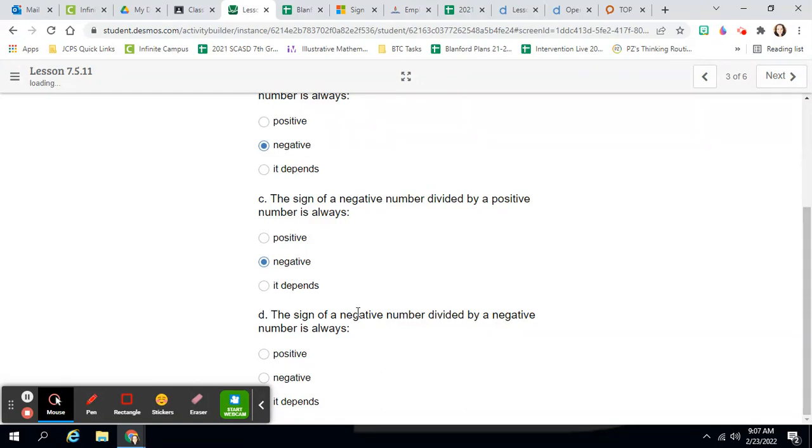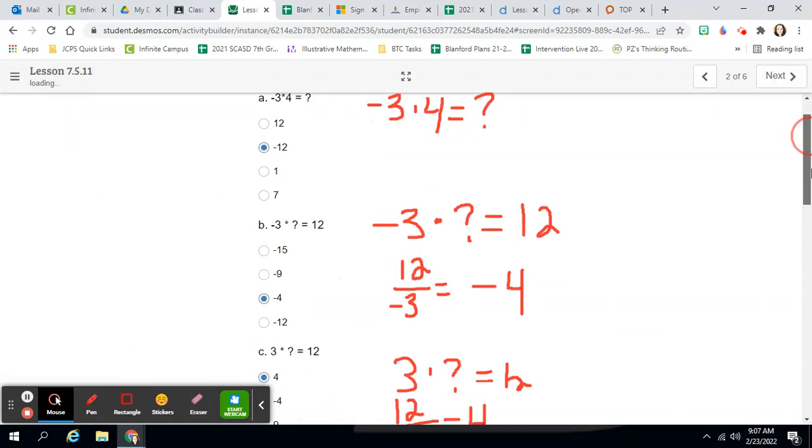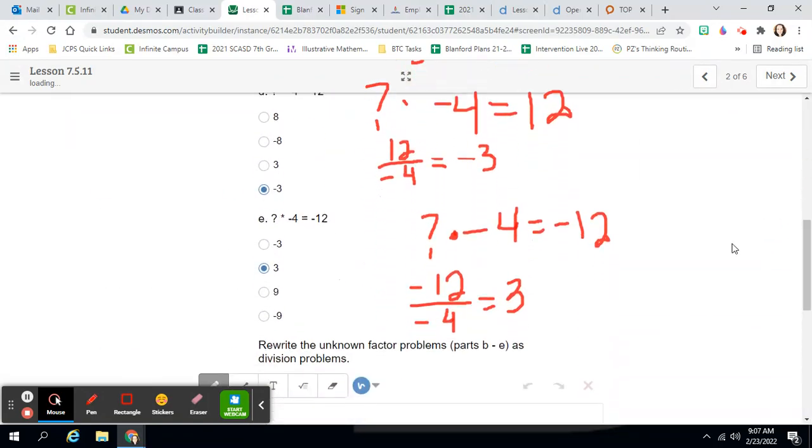And finally, if you divide a negative by a negative, well, if we look at our last problem that we had done there, that was -12. So you're saying what times -4 is -12? Yeah, that's right. Well, to figure this out, if you're taking a -12, you have to multiply a positive by this number here to get the negative.